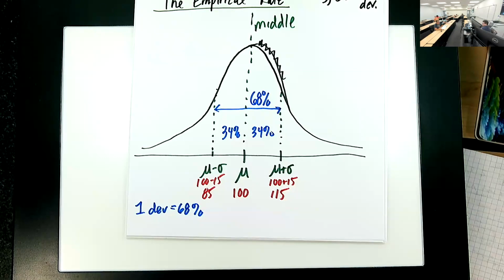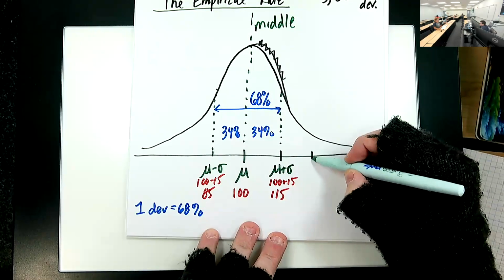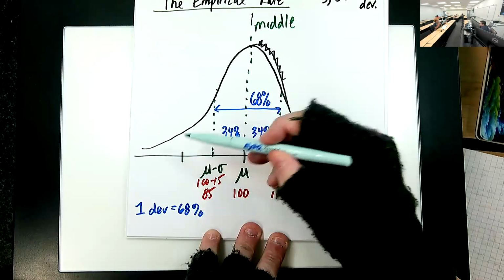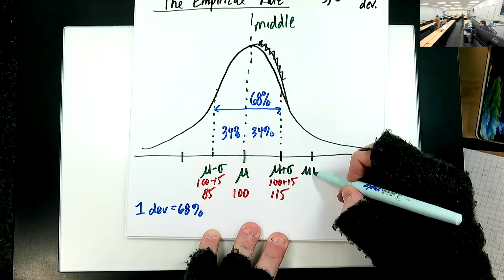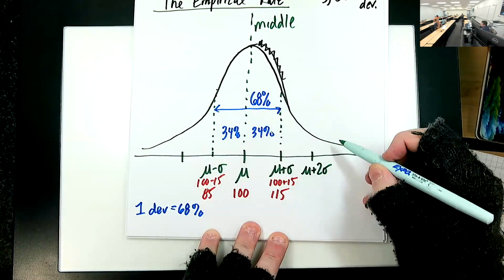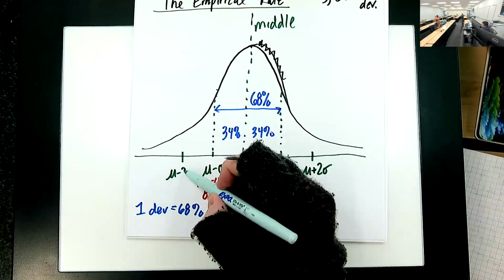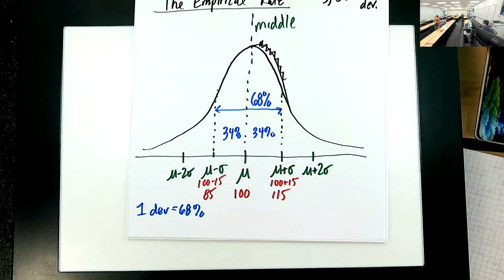If we go out another standard deviation, which is about the same distance, we keep just adding a little bit more. Now I've added 2 of them, or I've subtracted 2 of them. Each of these adds another 13.5%.